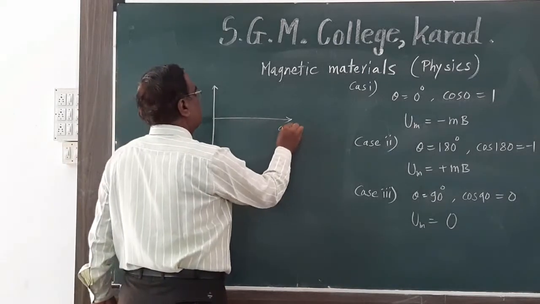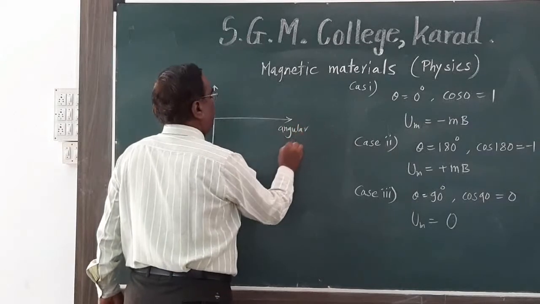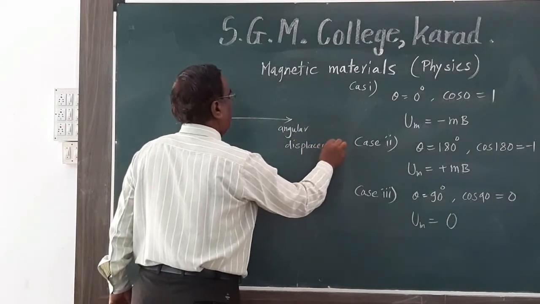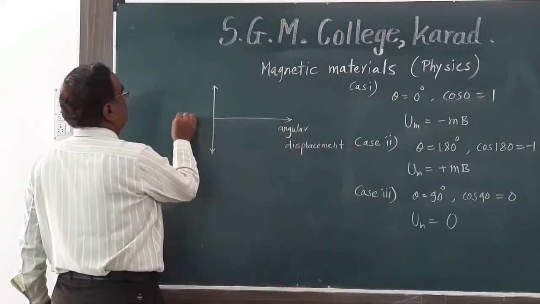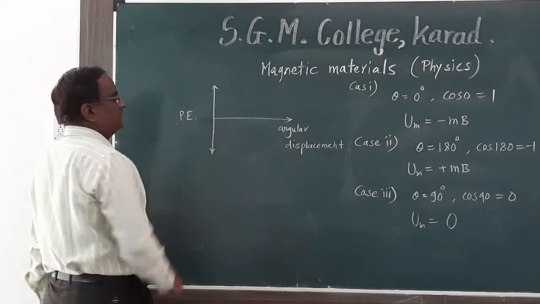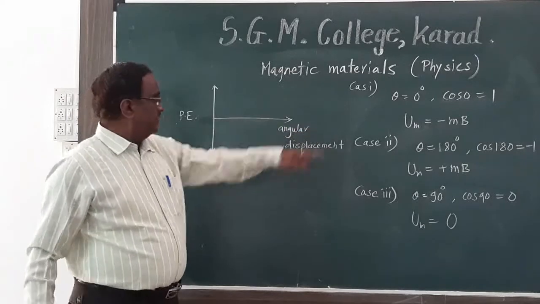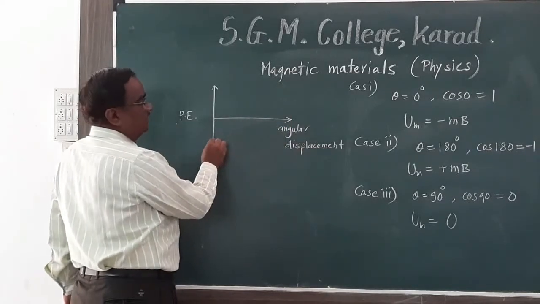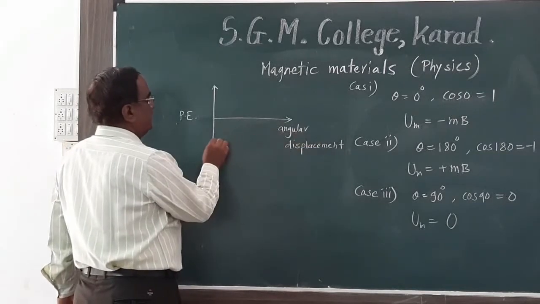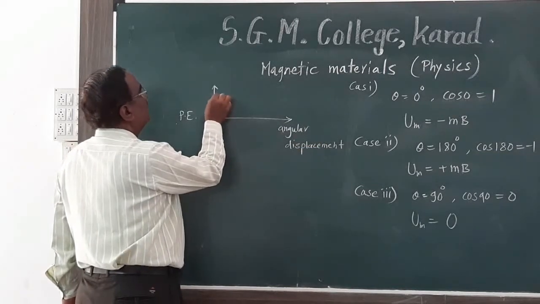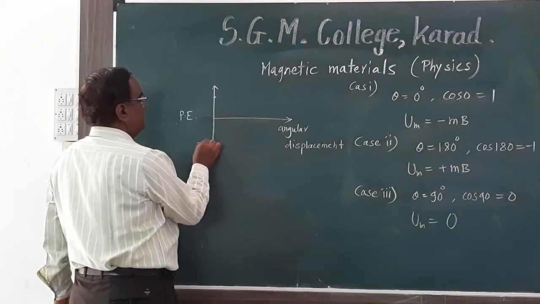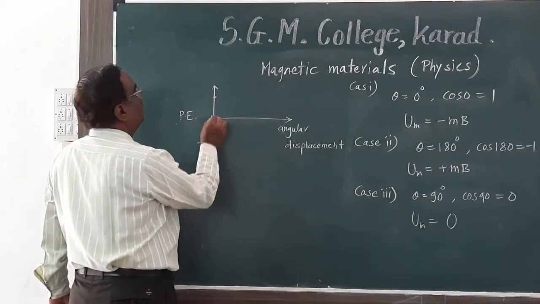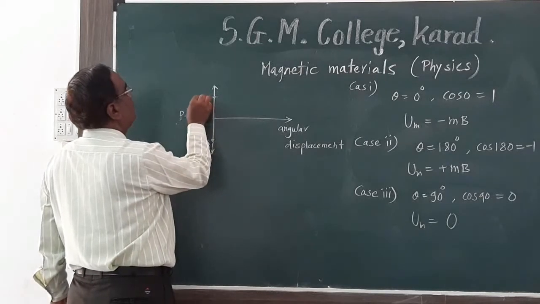Here angular displacement, and here potential energy. When theta is equal to 0, potential energy is minus MB. Here it is plus MB.